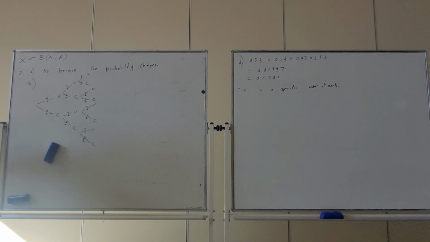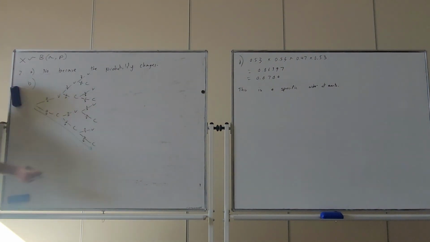So it asks for, what's the probability of getting all chocolate bars? Okay, so we're getting all chocolate bars. I'll get an alternative colour. All right, we have to get a chocolate bar and then a chocolate bar and then a chocolate bar.